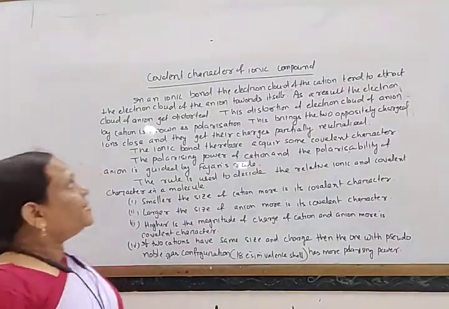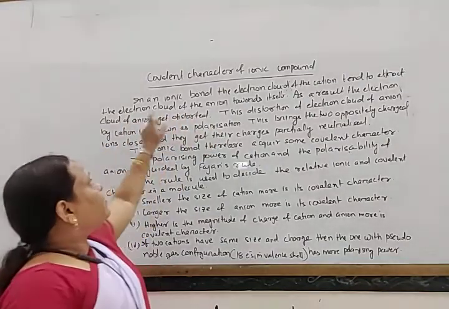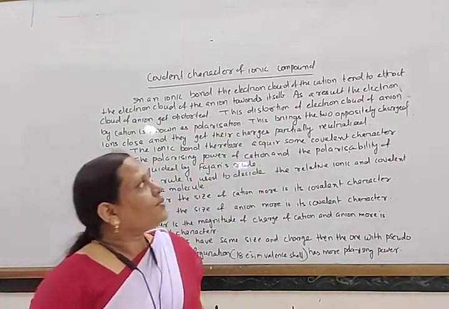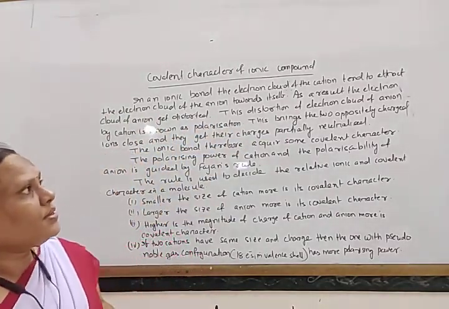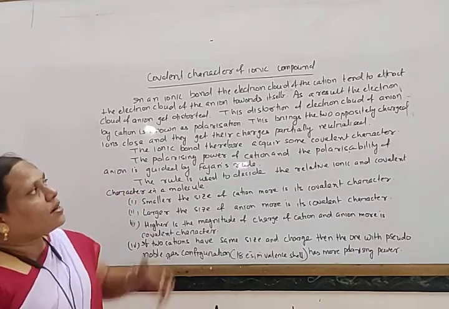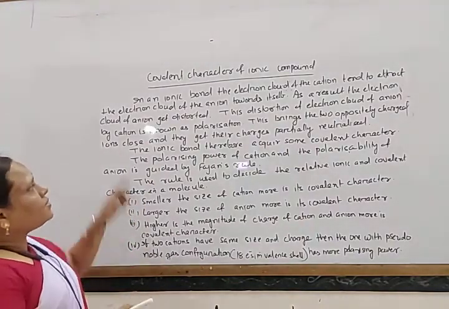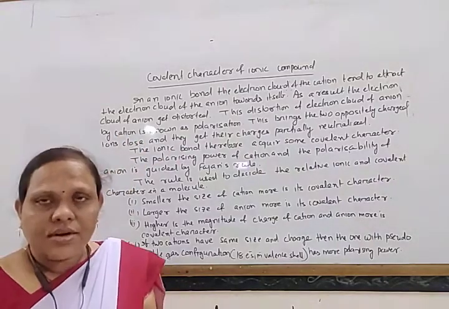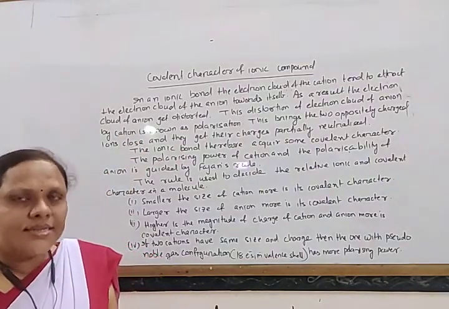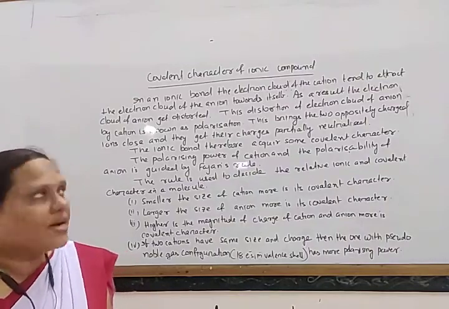So look here, covalent character of ionic bond. In an ionic bond, the electron cloud of the cation tends to attract the electron cloud of the anion towards itself. As a result, the electron cloud of the anion gets disturbed, slightly polarized, and their charge is slightly neutralized.